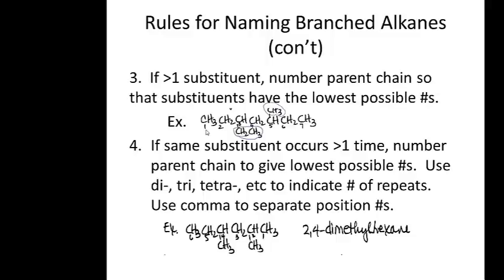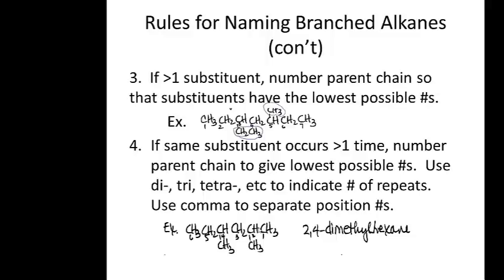Sometimes the same substituent occurs more than one time, in which case we number the parent chain so that we have the lowest possible numbers. So in this case down here, I've got a hexane, and I've got a methyl group on carbon number 2 and carbon number 4. So I've numbered it so that I have the lowest possible numbers, 2 and 4. If I were to number the other way, I would have 3 and 5, which are bigger numbers than 2 and 4.